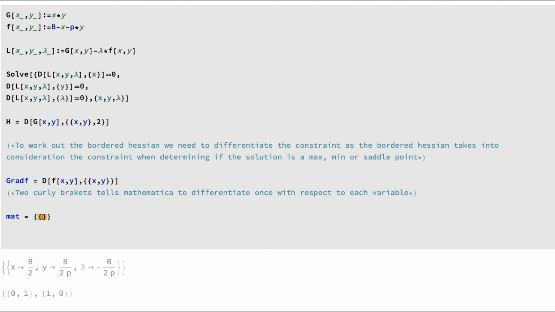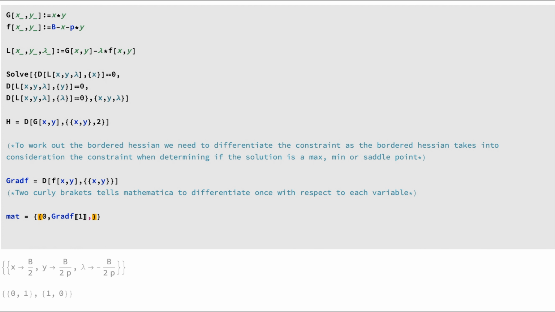So we know that the first entry in the bordered Hessian is 0. The second entry would be our budget constraint, partially differentiated with respect to x. In order to call that from this piece of code, we'd have to do grad f, this variable, and we're calling the first thing that this computed, which would be the partial derivative of f with respect to x.